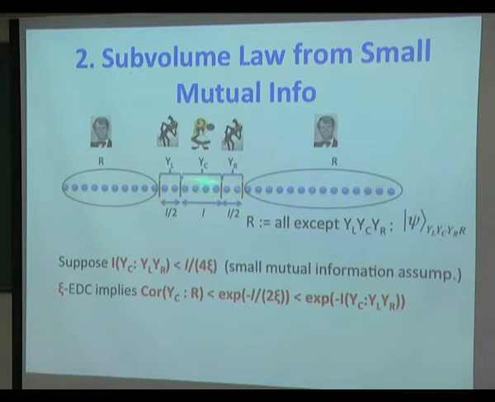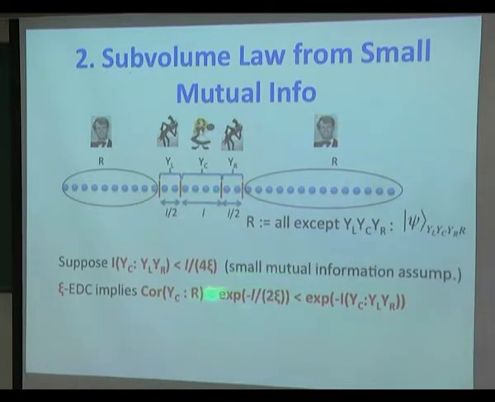R is what we obtain if we look at all the lattice and we trace out Y left, YC, and Y right. So the correlations between YC and R, these two regions, are separated by L over 2 sites, because this is L over 2 and this other one is L over 2.